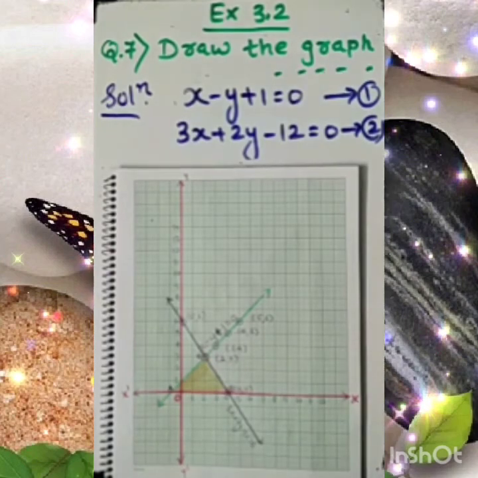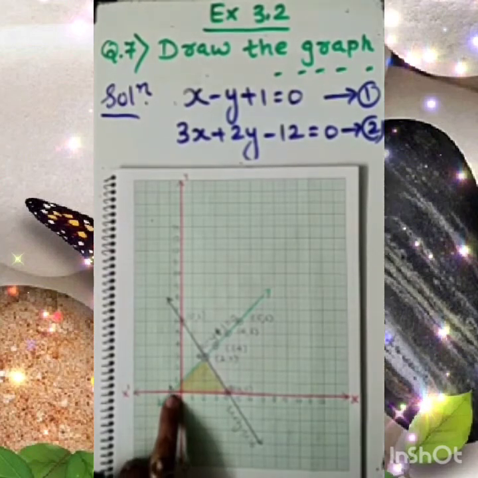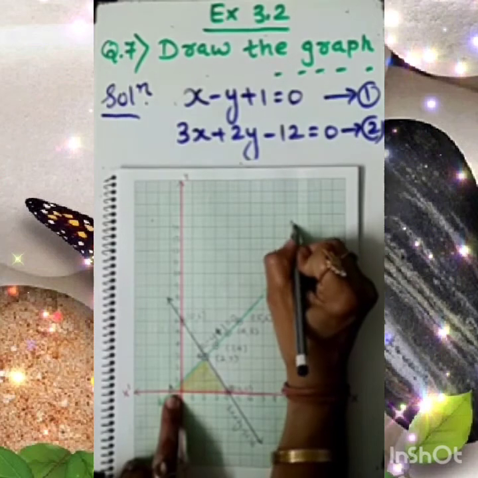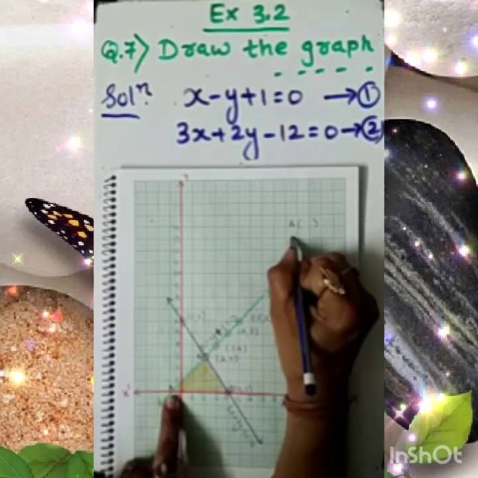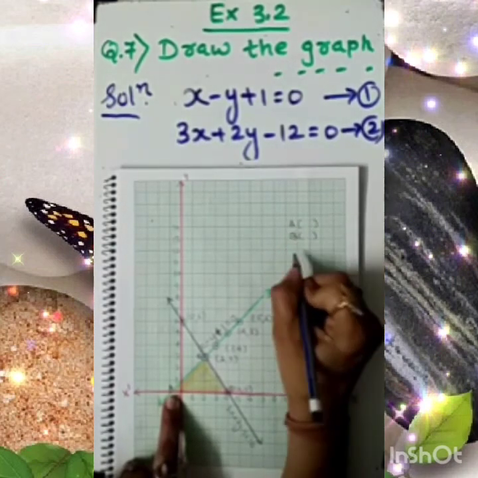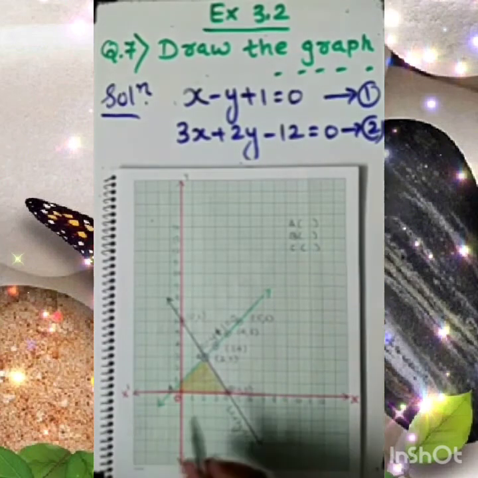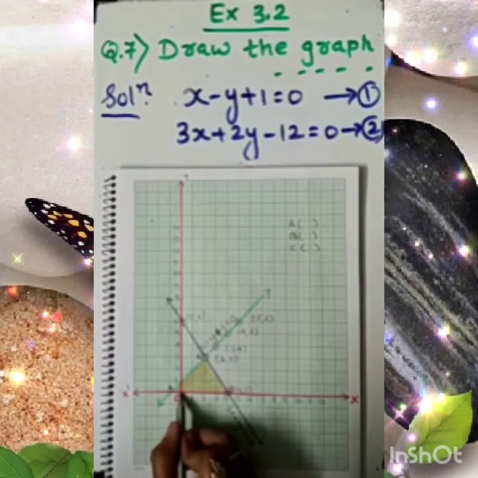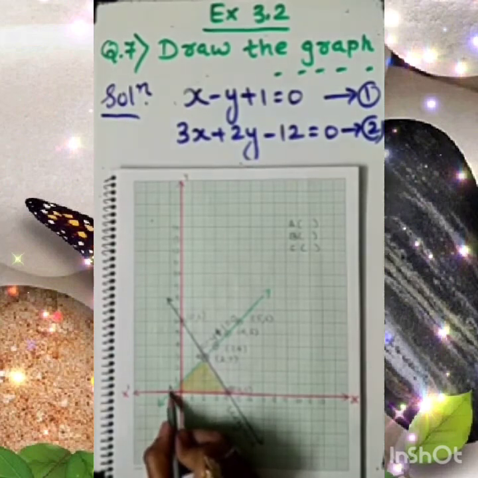Okay, so for your better understanding, I am making you write here what are the coordinates of A and then B and then C. Let's move down here. A is here. See, look at your screen. This is -1 on the x-axis, right? So I need to mention -1, comma 0.